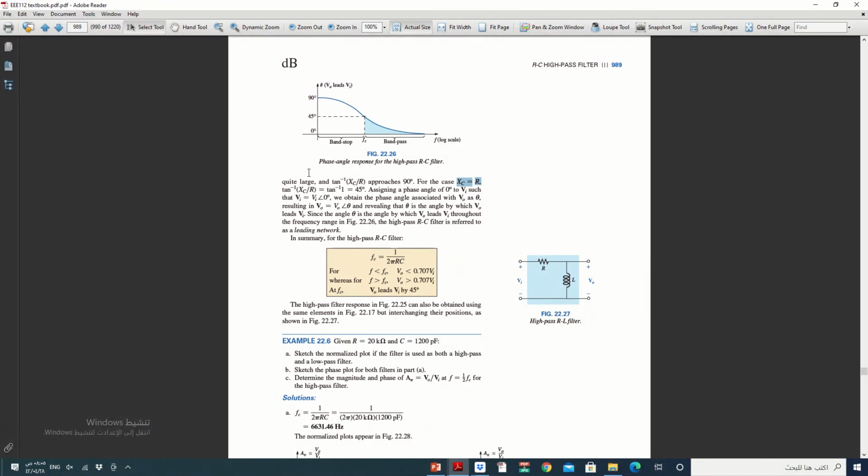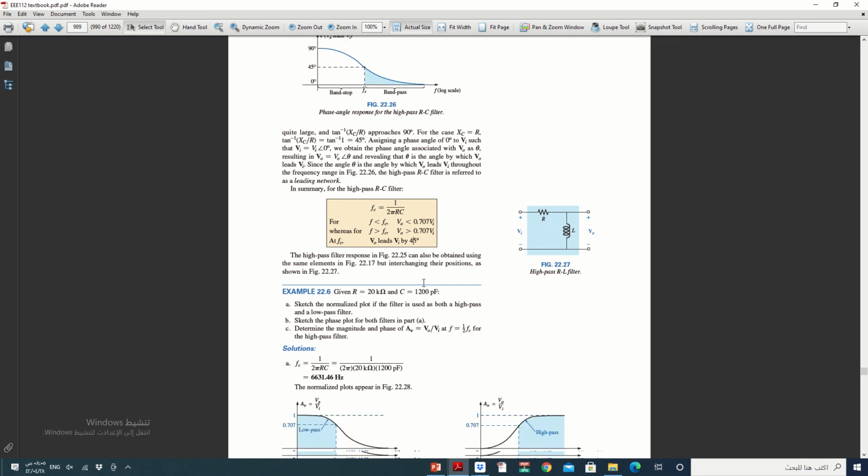In this circuit, the V output leads V input, since the angle theta is the angle by which V output leads V input throughout the frequency range. The high pass RC filter is referred to as a leading network, and this is the summary for the high pass filter. It is almost similar to the low pass filter, but with some opposite formulas.